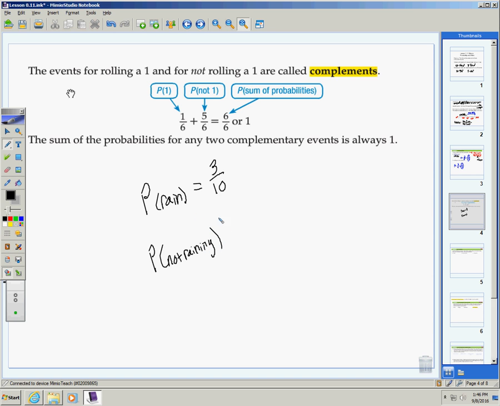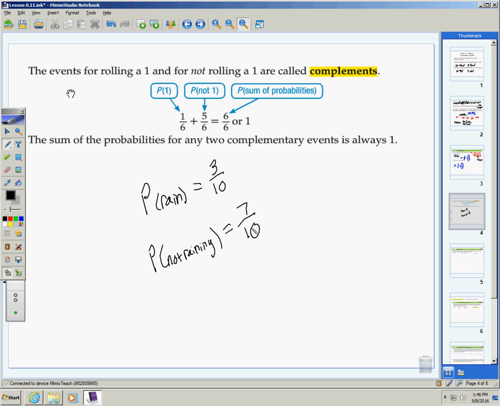And if you think about it, if 3 out of 10 times it rains, what happens for the other 7 out of 10 times? Well, if it doesn't rain, it's not raining. So the probability of it not raining would be 7 out of 10. 3 times out of 10 it rains, the other 7 times it's not raining.